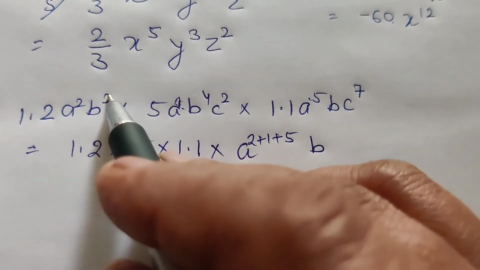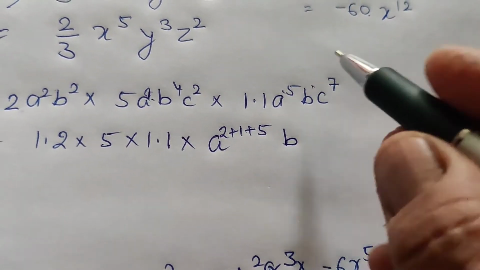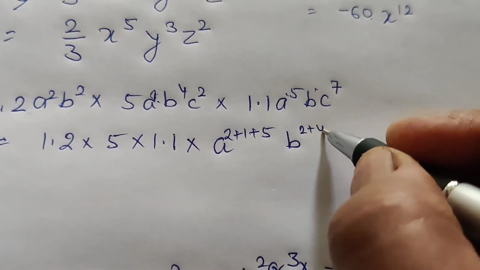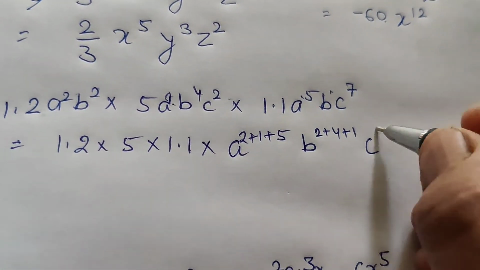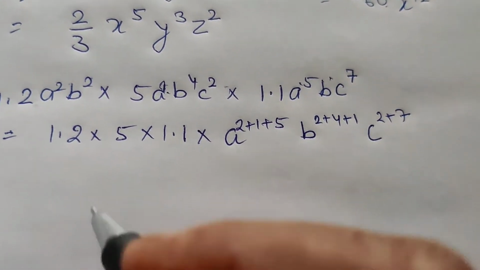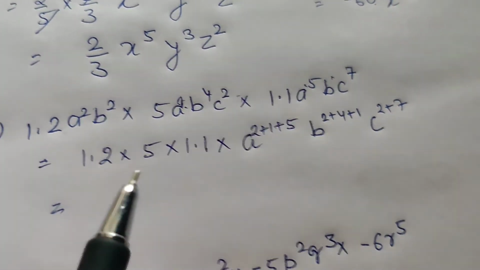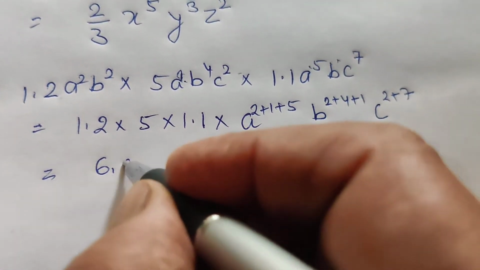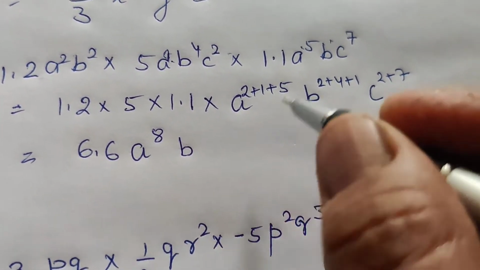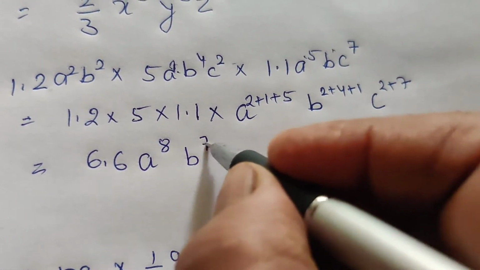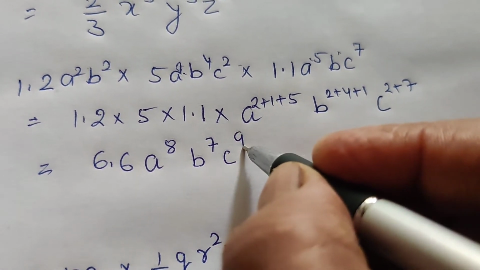B, 2 plus 4 plus 1. And C, 2 and 7. The answer is 12 5s are 60, 6.6 into a raised to power 8, b raised to power 7 and c raised to power 9.